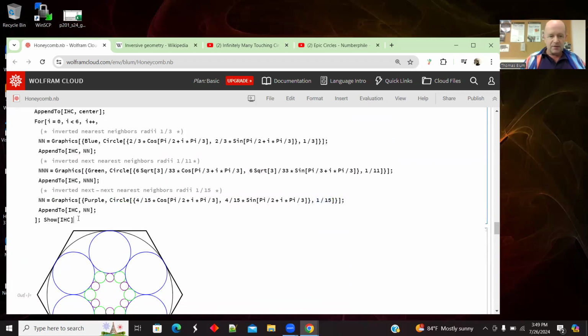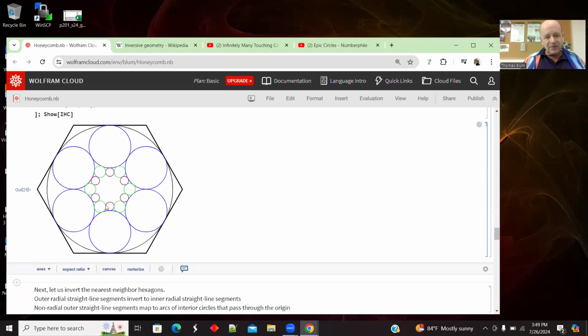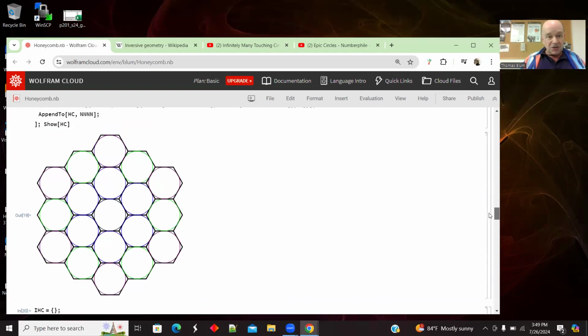And there they are. Those are these little purples sitting in. So we had the blues, the nearest neighbors, then the greens sat in between, and then the purples in between those. And everything was touching: the blues all touch the original circle, the greens touch 2 blues, and the purples touch 2 greens and a blue.